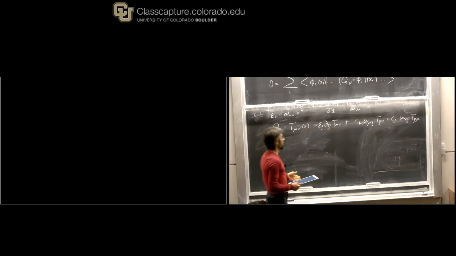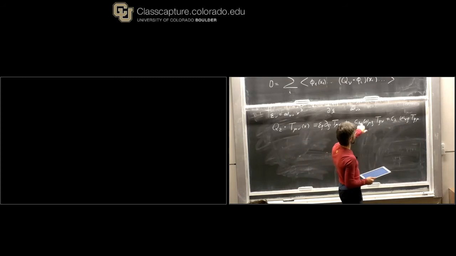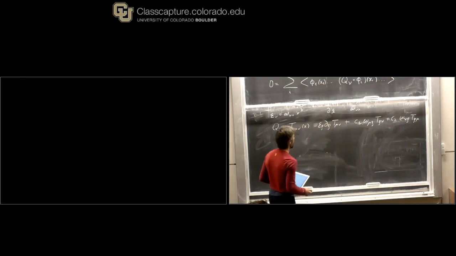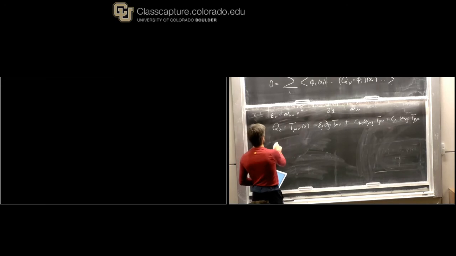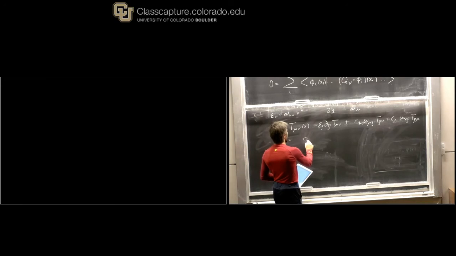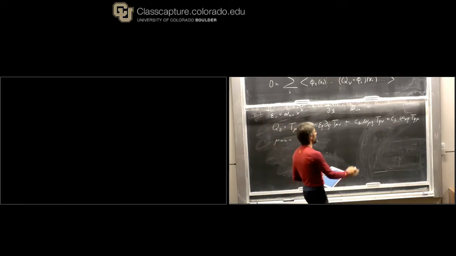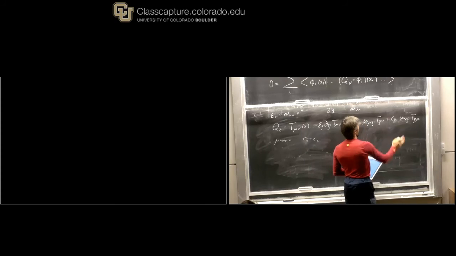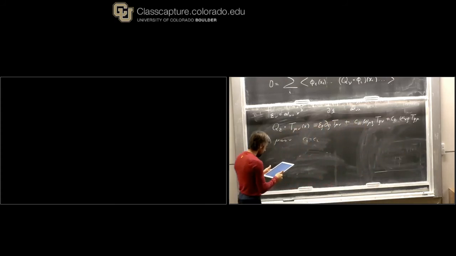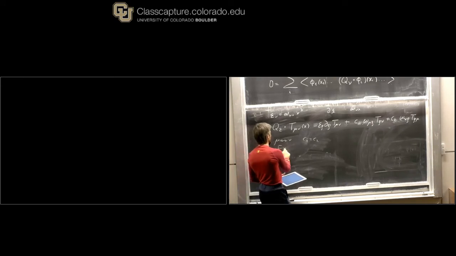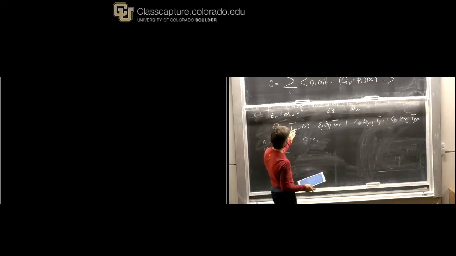Of course, this is very general, but now I'm going to fix these coefficients C1 and C2. The first thing I'm going to say is that the whole thing has to be symmetric under the interchange of mu and nu. And this means that C1 has to be equal to C2. Lo and behold, this is the same coefficient. The second thing I'm going to require, and I leave it to you as an exercise, is that the stress tensor is conserved. So the left-hand side of this equation is conserved if I differentiate in x.